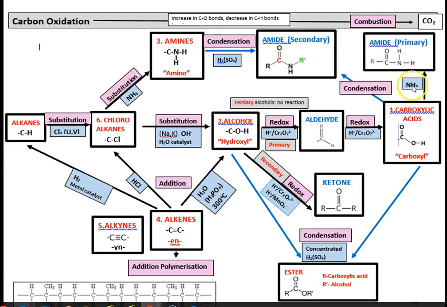So if you just react it with ammonia, nothing else, then ammonia will go right on the end here. So you have the CO from the carboxylic acid and the ammonia added onto the end. That's a primary amide bond.